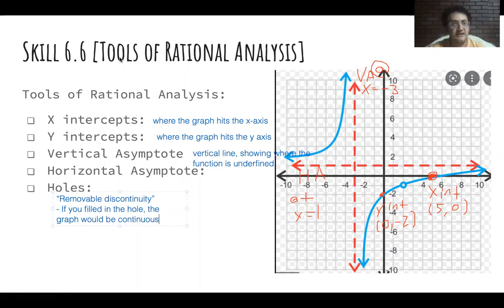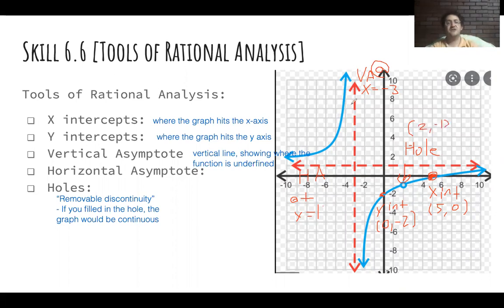And we would say that the hole in this case is right there. It is a point of discontinuity, and it would have a coordinate of (2, -1).